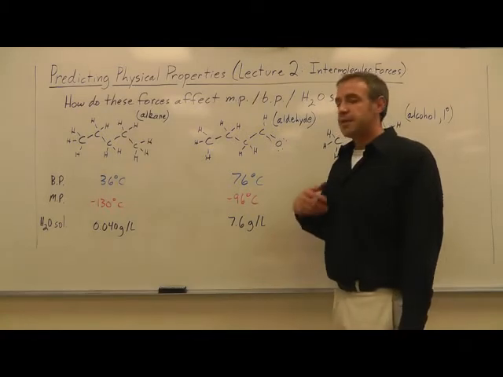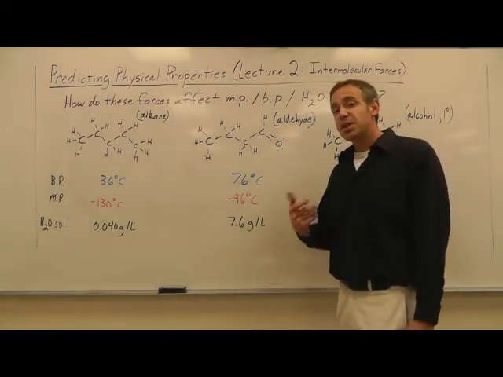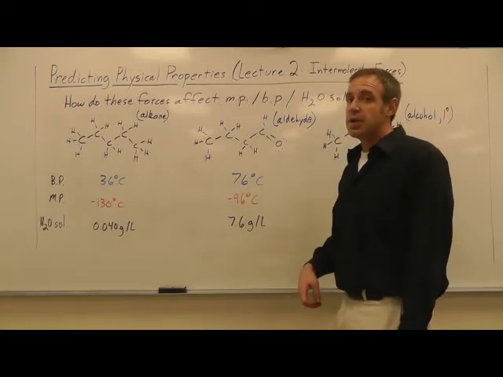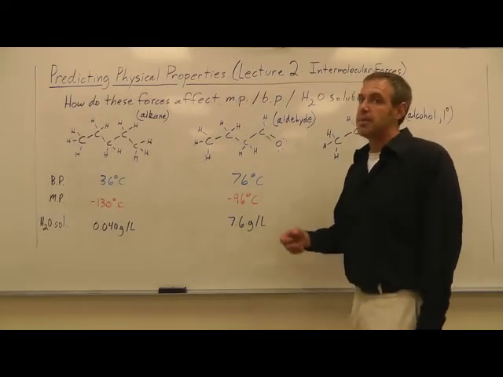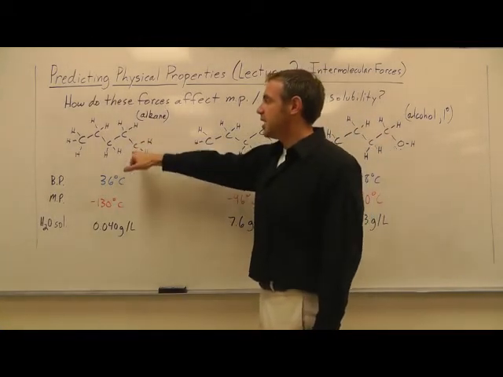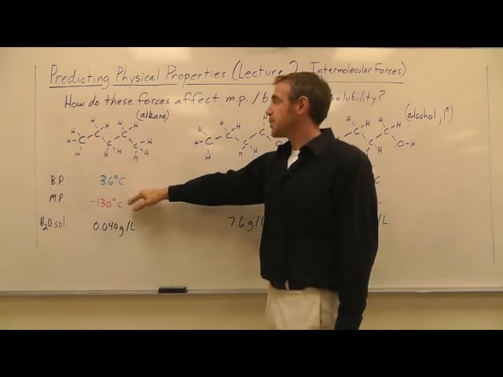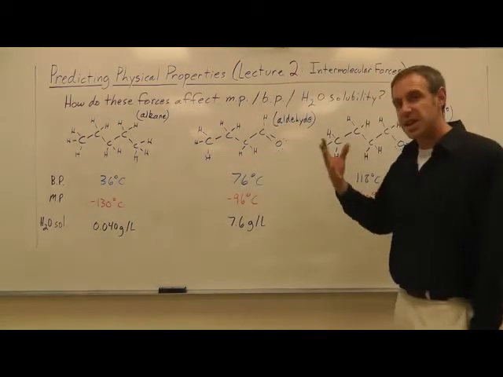So if the interactions between the molecules are weak, then it's much easier to break them. And so we can boil that liquid at a much lower temperature. So for pentane, this molecule, the boiling point is really low. Notice all of these are about the same size.